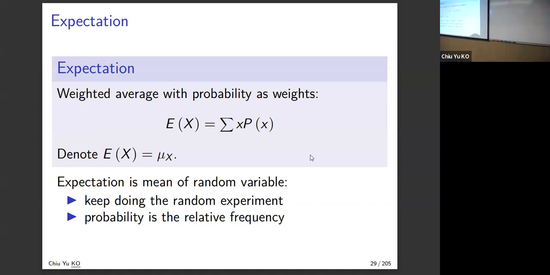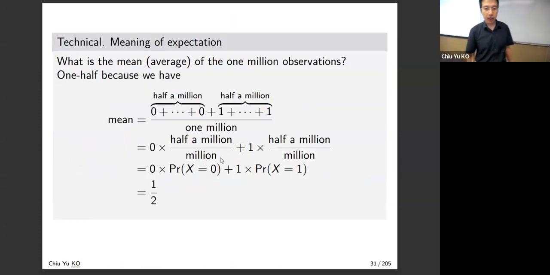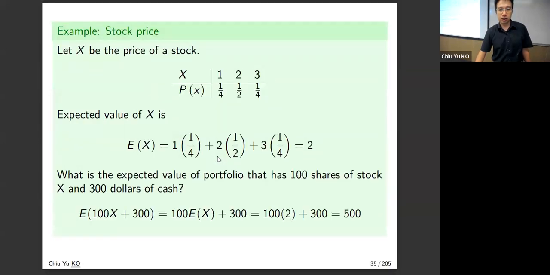Suppose you do this hypothetical experiment in your mind, many, many times, and the average of the values is the same as the expectation. So basically, if I want to describe a discrete random variable, I have a big P, but this guy can be very complicated. So in order to understand this, I look at the expectation and the variance.